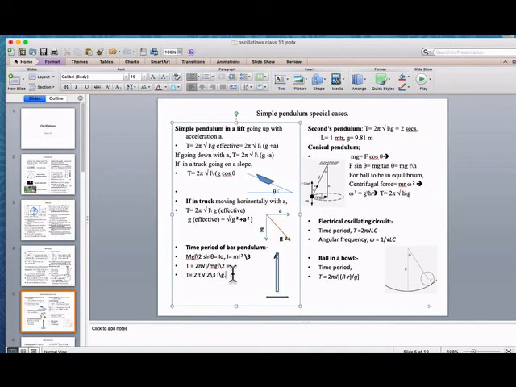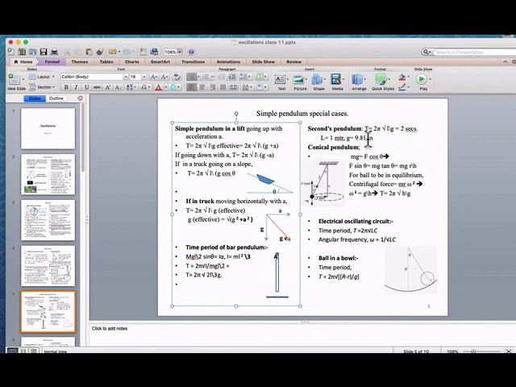I will correct it. 2 pi root 2l by 3g, because here mg is acting at a distance of l by 2 from the end. So this is for a bar pendulum.